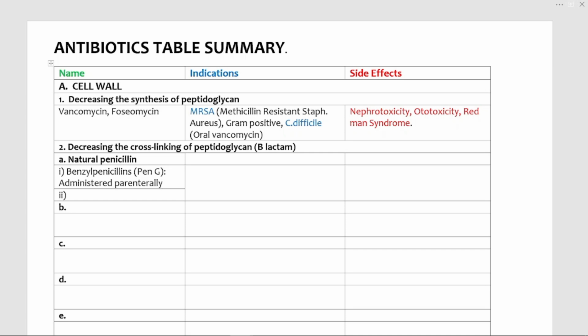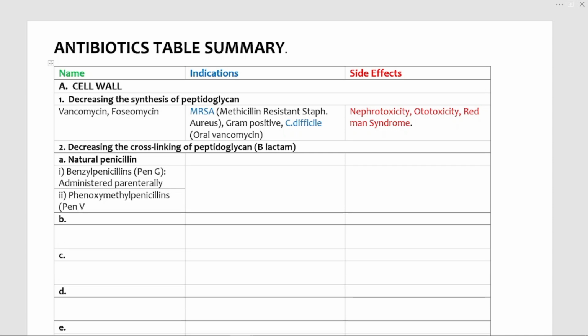So the first major group of natural penicillins, the benzyl penicillins, you can refer to as pen G. The second group of penicillin is the phenoxymethylpenicillin, which we can also refer to as pen V.